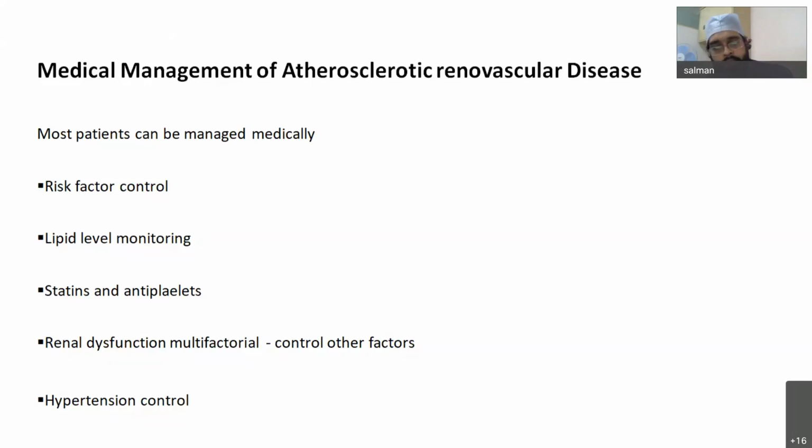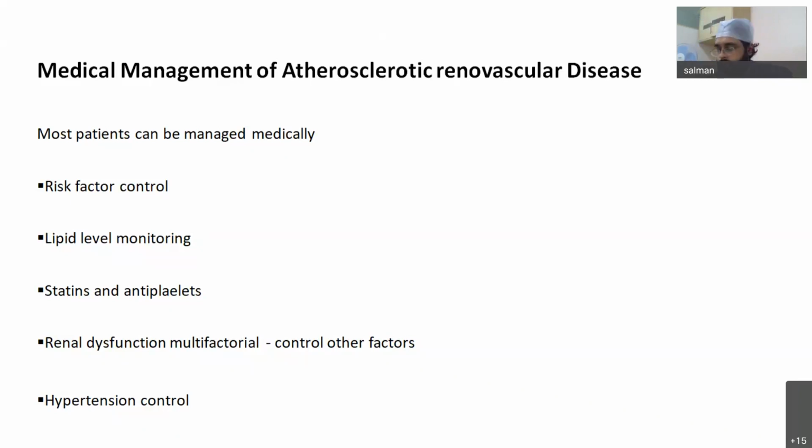Statins and antiplatelets should be started for the patients. Statins have been shown to be protective against progression of renal arterial stenosis, and they also protect against restenosis after stenting. And antiplatelets, because most of the patients with atherosclerotic renal arterial stenosis also have concomitant cardiovascular disease, cerebrovascular disease, or peripheral arterial disease, are helpful in prevention of those.